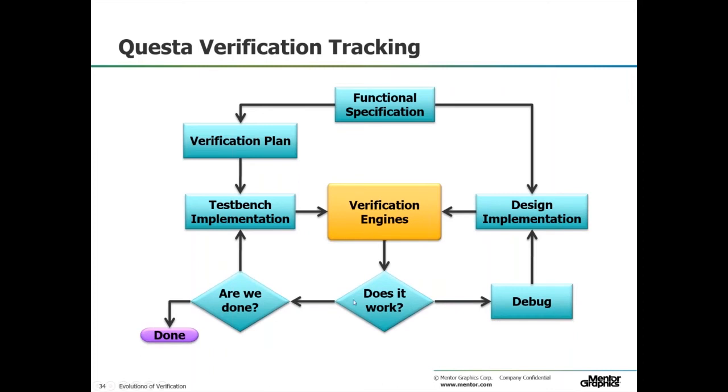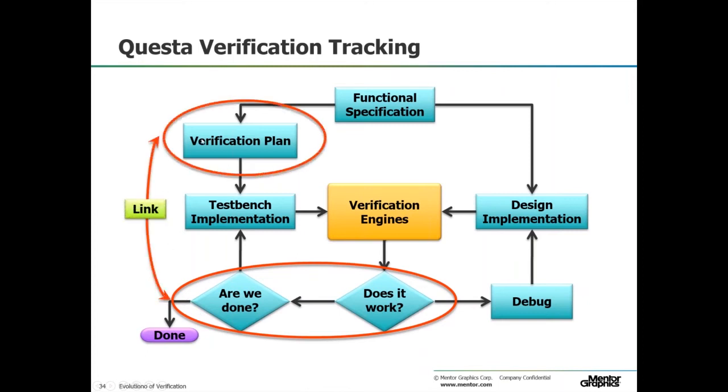Well, what really facilitates it with our test plan, our verification management, is that how do you answer this question, are we done, and does it work correctly? And that is through linking the verification plan to that digital UCDB database that comes out of our verification engine.